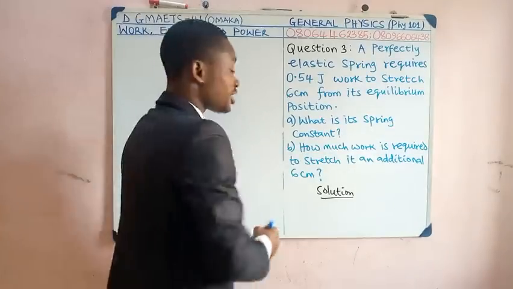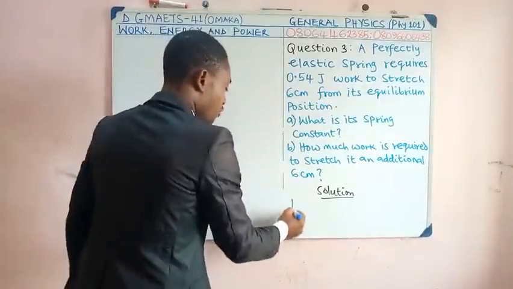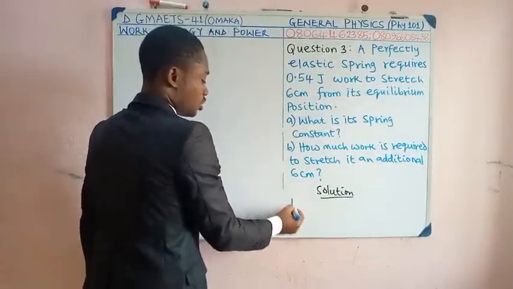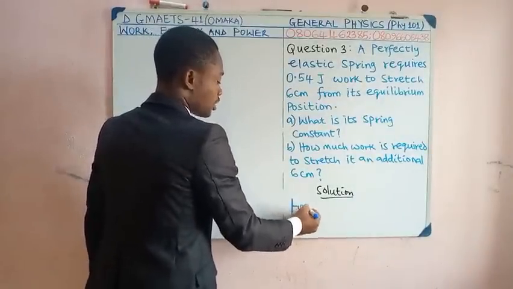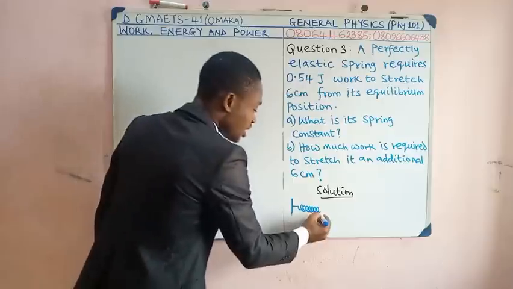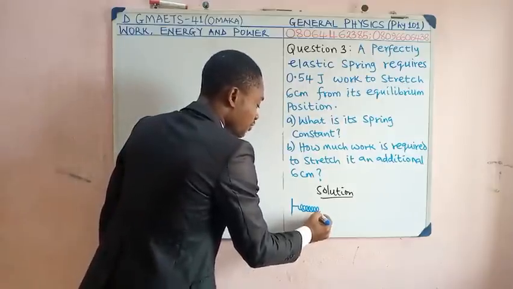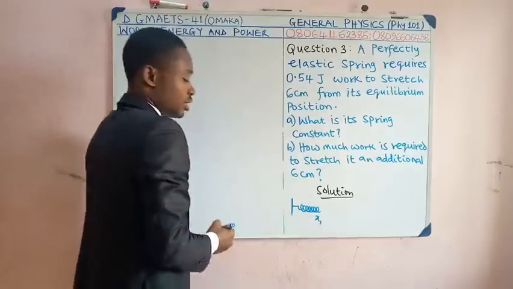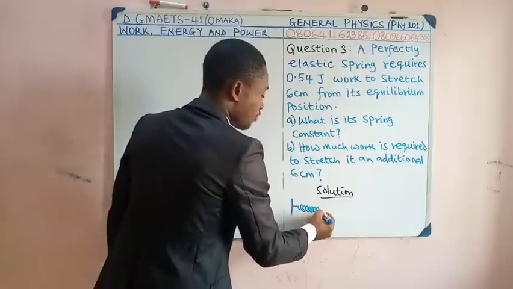Let me quickly sketch something here. If we fix the spring to this rigid wall, this is the natural length of the spring. From this rest position x1, it was stretched under a force.